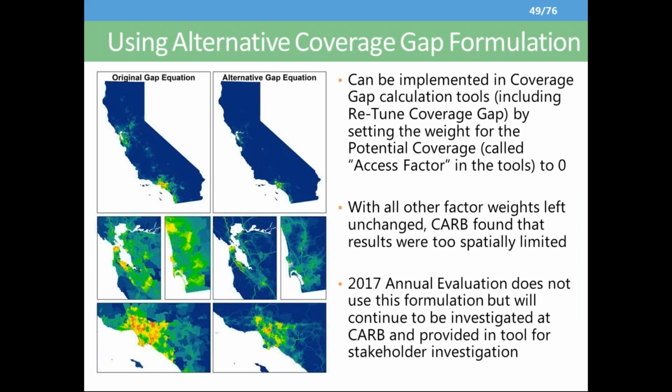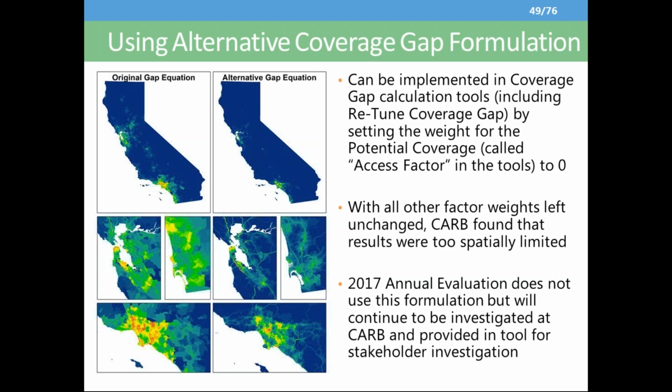Next slide. This is straight out of the 2017 annual evaluation, and this is what the difference looks like just based on that one change in interpretation of how population density could be used. On the left is the original equation. On the right is that modified equation, where every other input weight has been kept the same between the two.